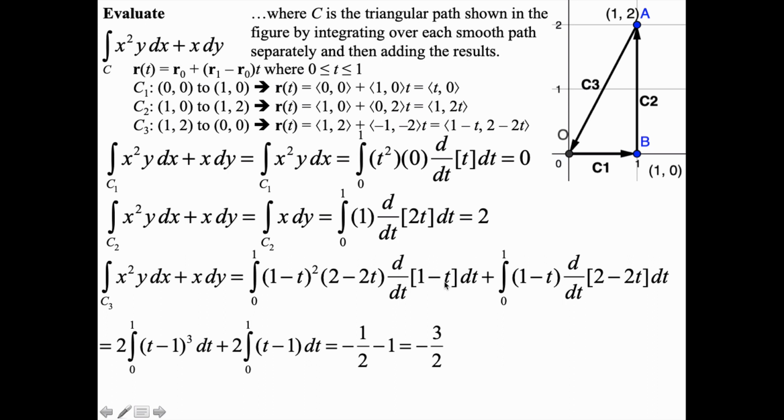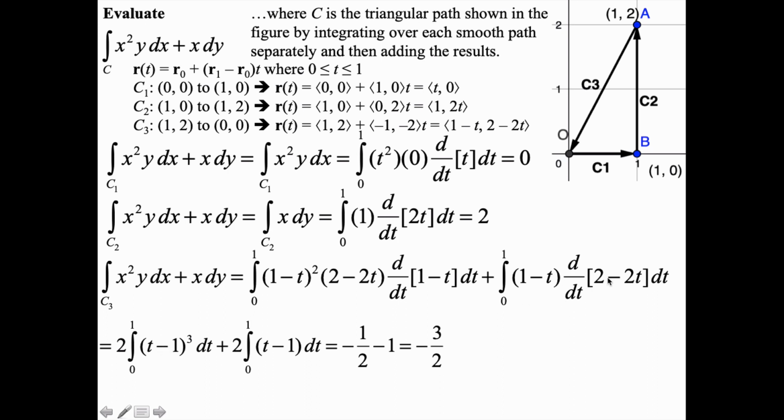It must be this negative sign, right? The derivative of 1 minus t with respect to t is negative 1. And you could look at (1 minus t) cubed as negative 1 cubed times (t minus 1) cubed. You factor out the negative 1 cubed, it's a negative 1, and negative 1 times negative 1 is 1. So we're left with just (t minus 1) cubed.